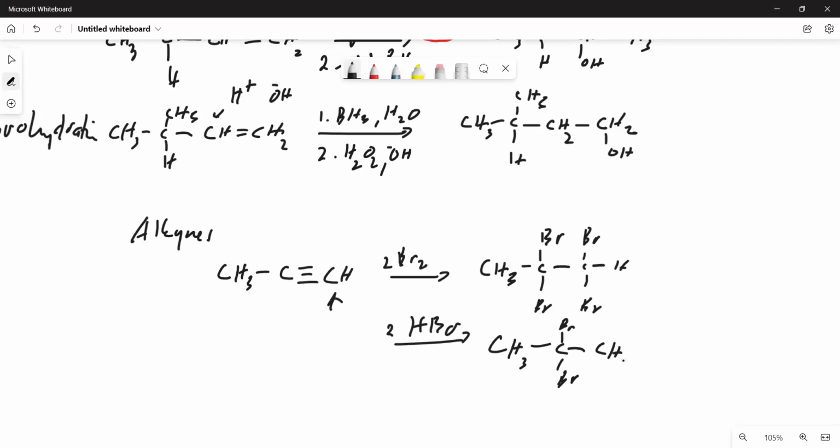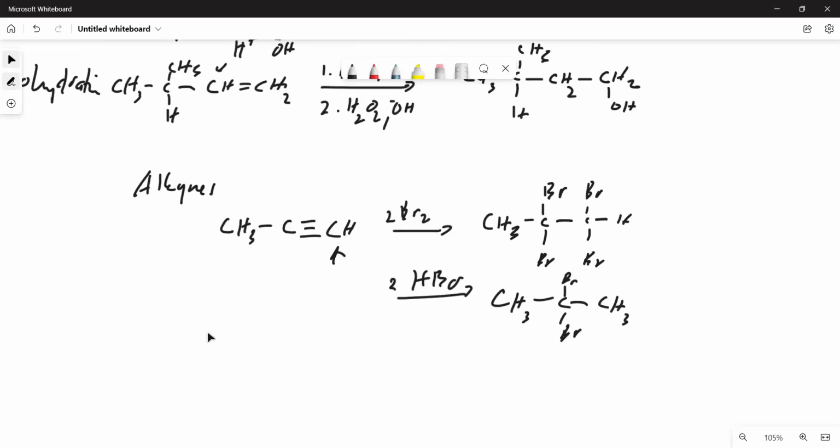And you have CH3, okay? So the two halogens are in the same carbon. So you call that gem halides, okay? Now, supposing you react this with water, okay? 1 mole of water.